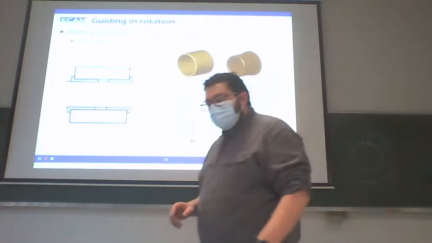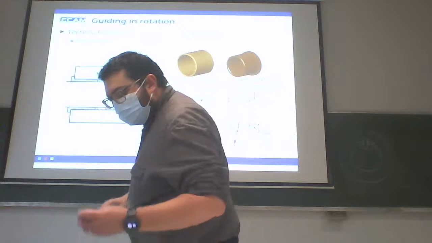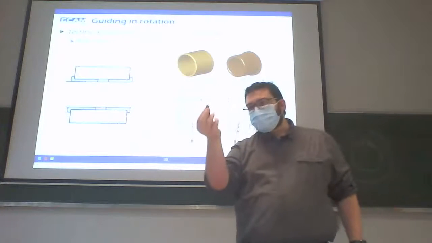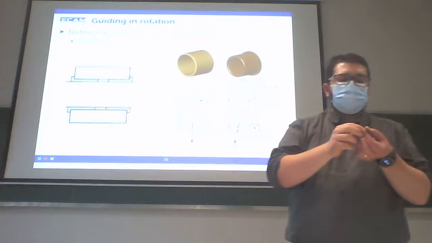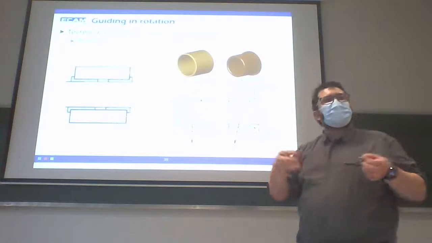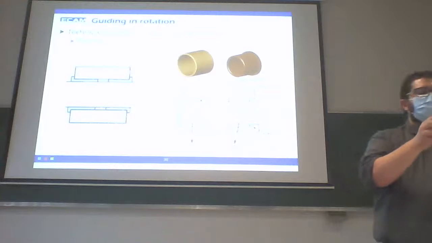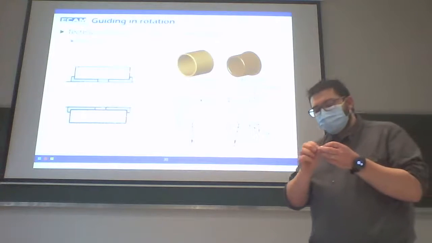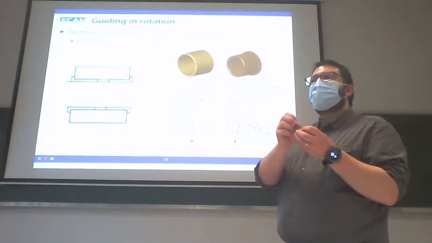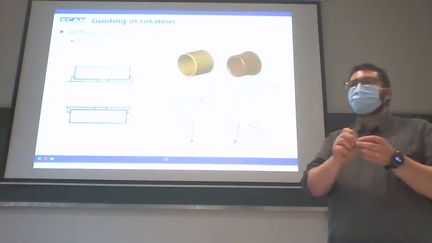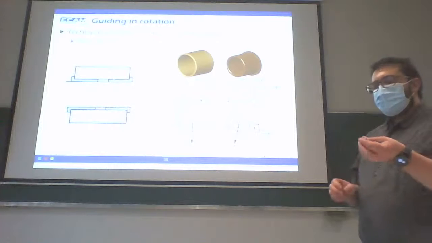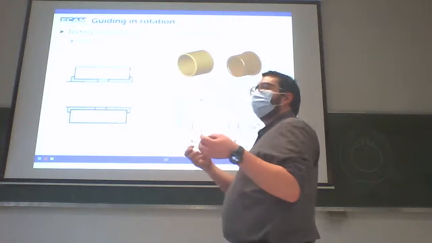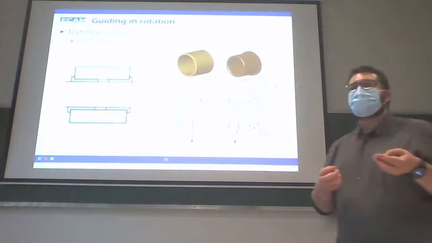In general, this part is in copper. We'll realize this part by an agglomeration of copper powder. So if you look at the part, you have very small holes inside of it. And inside these holes, we'll add oil to lubricate the movement between the different parts.